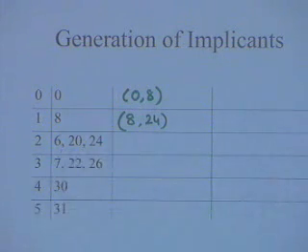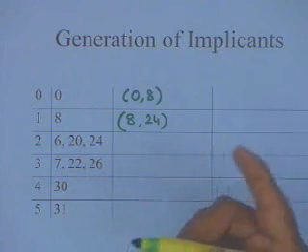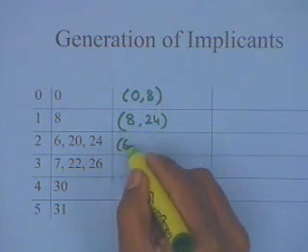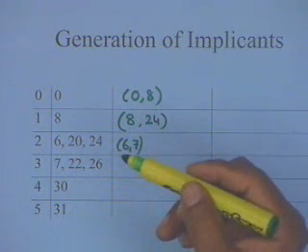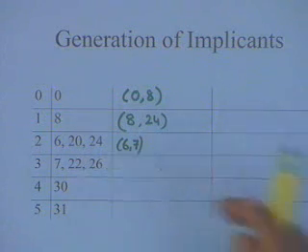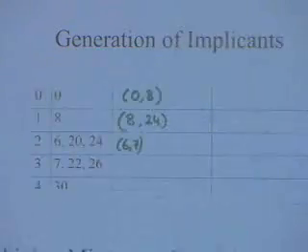Now let us look at this. In this case I have to look pairwise: 6, 7, 6, 22, 6, 26. If I look at 6 and 7, the difference is 1, which is 2 raised to the power 0, so this will be satisfied. Oh no, it should be k greater than or equal to 0.